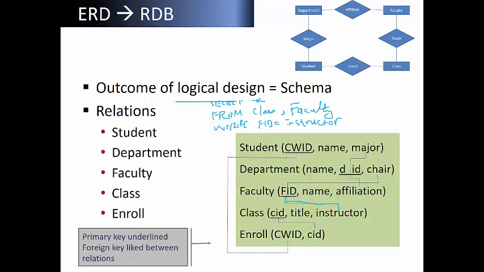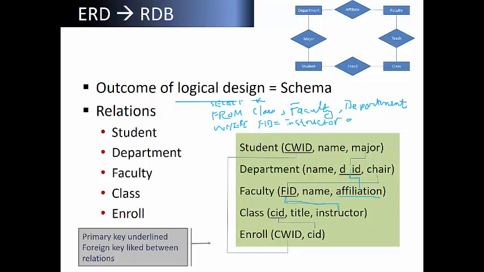This faculty's affiliation should be the same as the department ID. And then we need to see the department chair's name, so we need another table to join, which is department. So we have three tables joined.